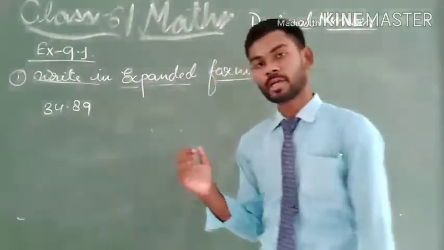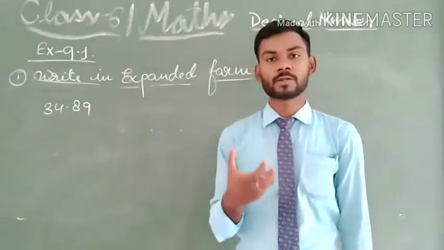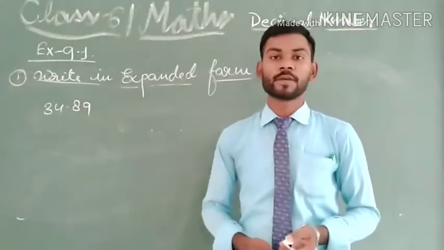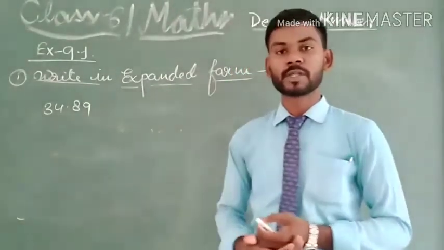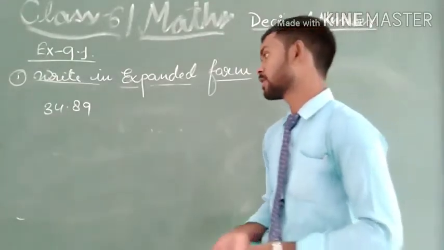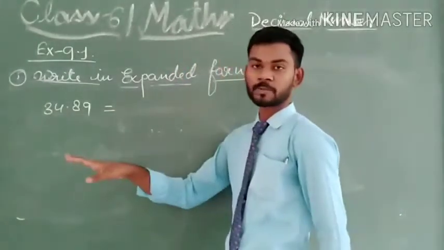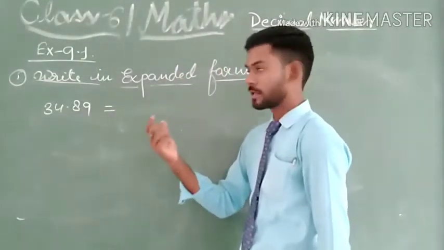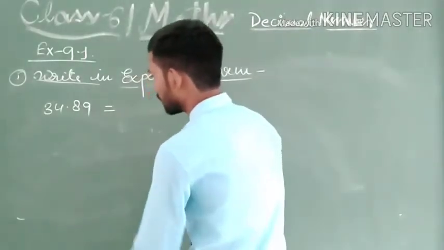In order to write it into the expanded form, we have to know how to find out the place value of a decimal number. If we have the idea to find the place value of the decimal number, then we can write them in expanded form easily. So here we write, as we know, the place of 3 on the left side of the decimal is tens.